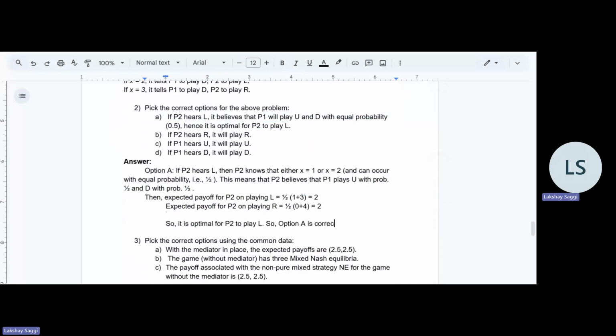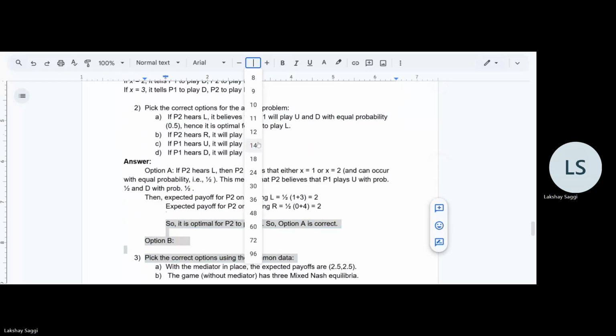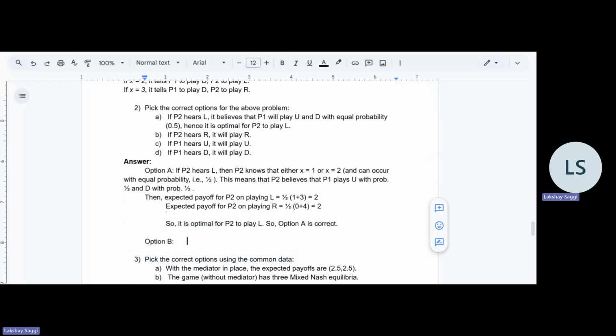Option A is correct. Let's come to option B. So option B says no.